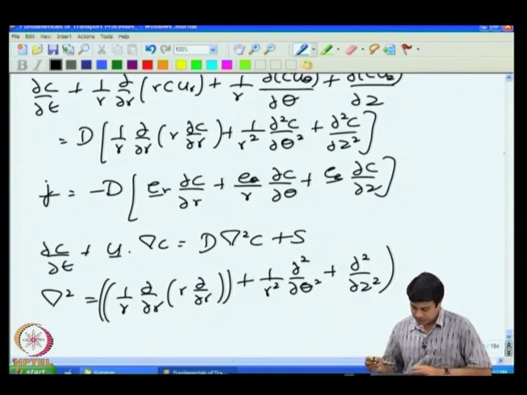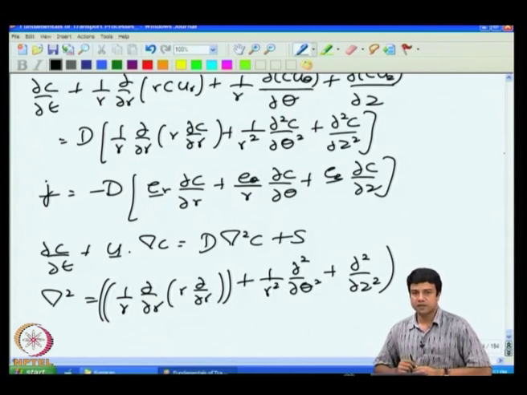So, this completes the derivation of conservation equations in both spherical and cylindrical coordinates. These have more complicated forms. These are easily available. You can refer to standard textbooks for the formulas for the divergence, curl and gradient, as well as for the diffusion equation in these spherical and cylindrical coordinate systems.